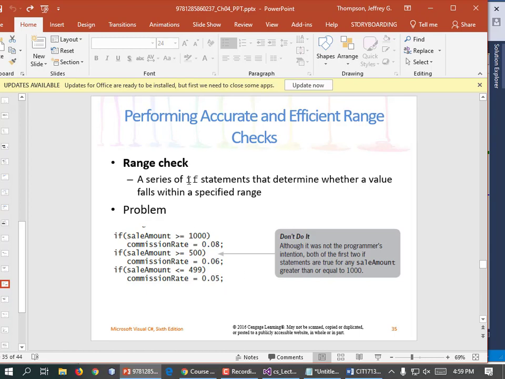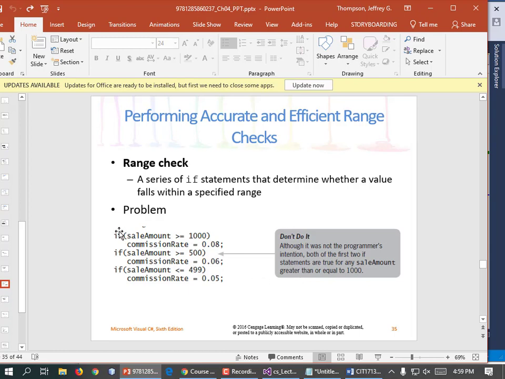So if they sold $1 million, we'd want them to get the highest commission rate. Is $1 million greater than 1,000? Yes. So rate gets us to 8. Then we go to the next statement. If sales amount is greater than 500, well, $1 million is also greater than 500, so the commission rate would be reset to 6. And so our $1 million salesman or woman would then get shafted on their commission rate.